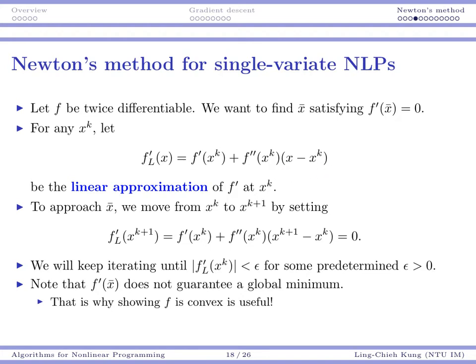Okay, and then what we want to do is to gradually approach x bar, which is our local or global minimum. So we will move from xk to xk plus 1 by trying to set xk plus 1 satisfying this equation. Okay, exactly what we did from the previous slides.